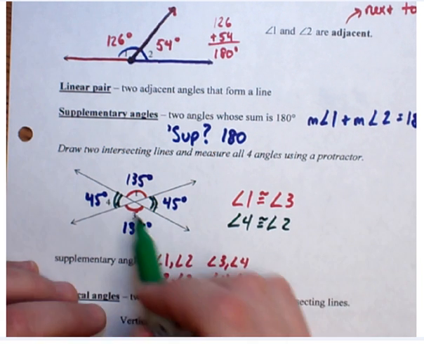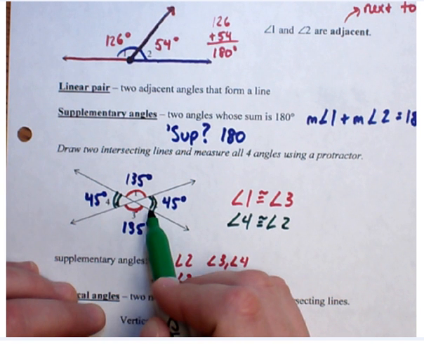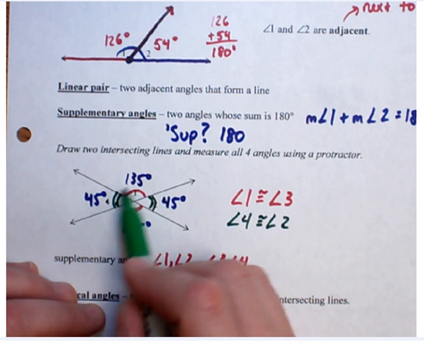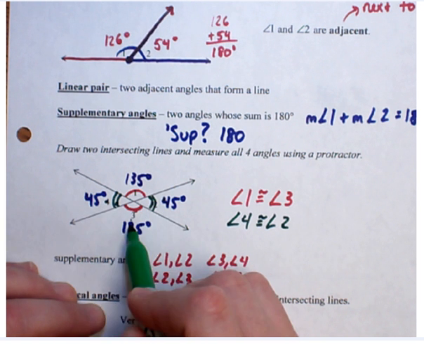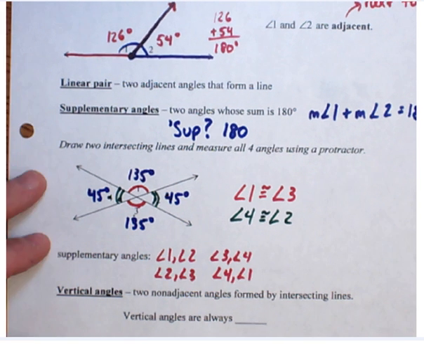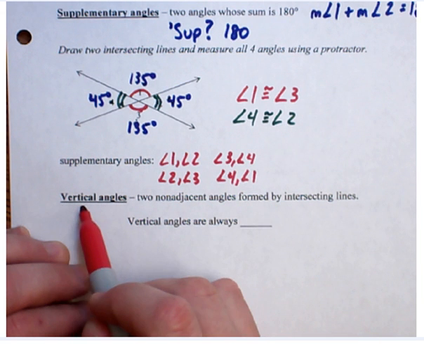So when two lines intersect, when two lines cross, you have all these relationships. You have 180 degrees. You also have angles that are congruent, where their measurements are equal to each other. The ones with equal measures, we say that these are vertical angles.